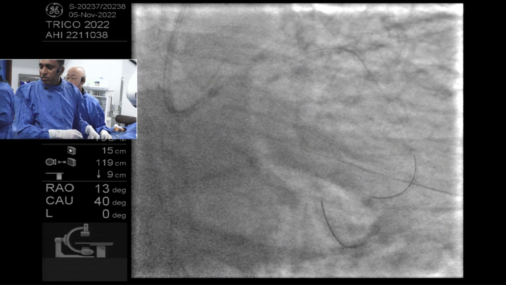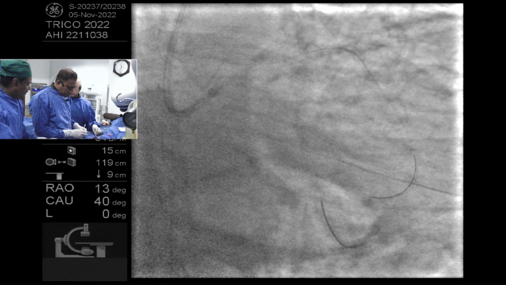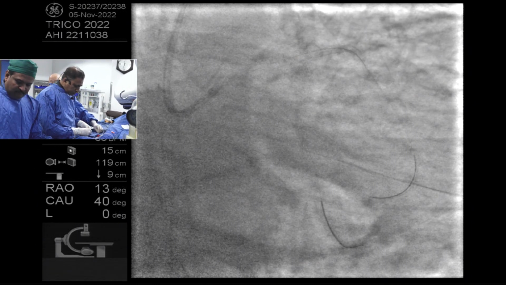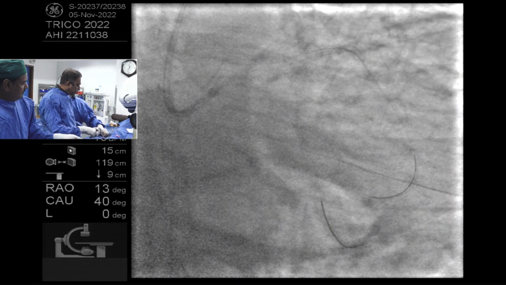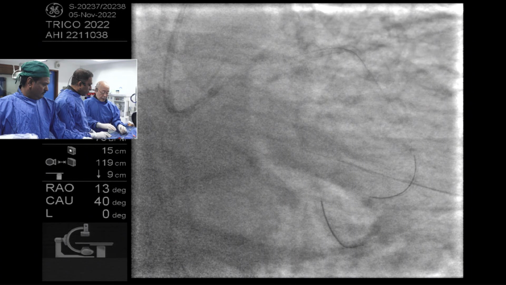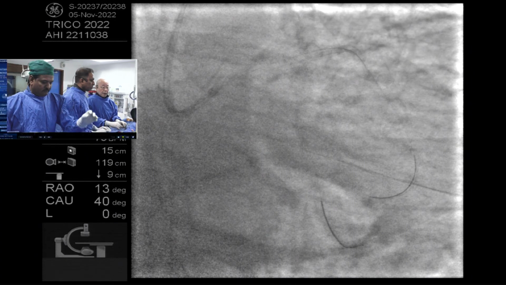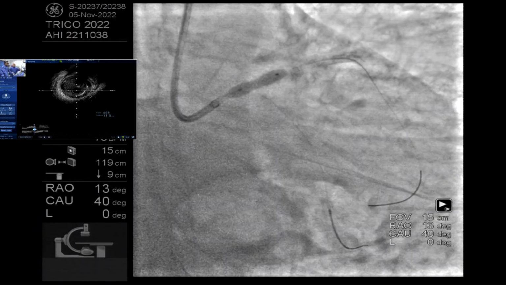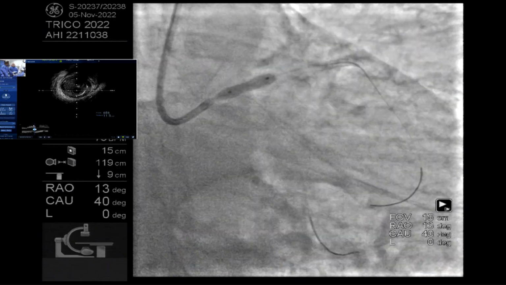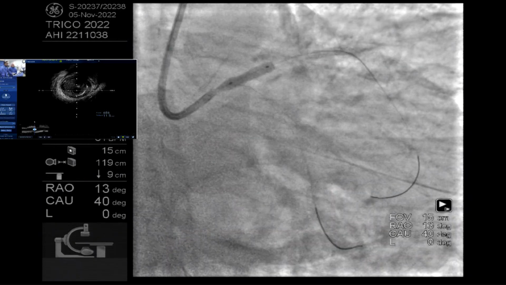Vishal, there's some question again about OM2. OM2? Dr. Saito, could you see the IVUS again? Yeah, just a moment before looking at. Could you see the previous one?